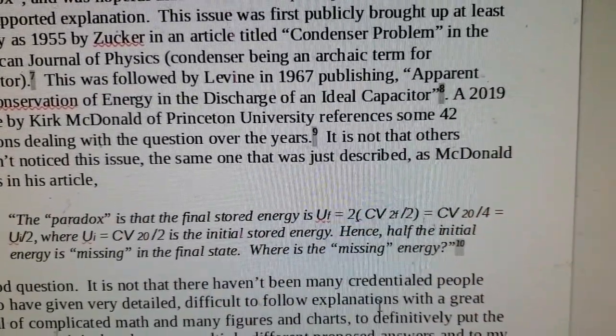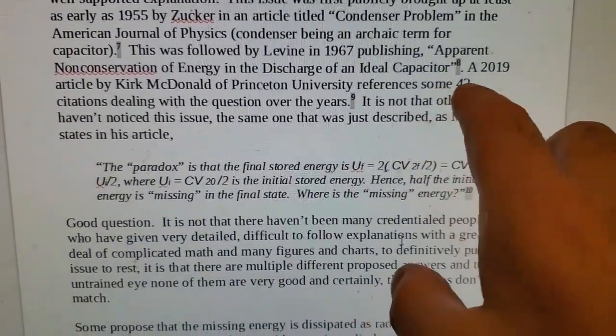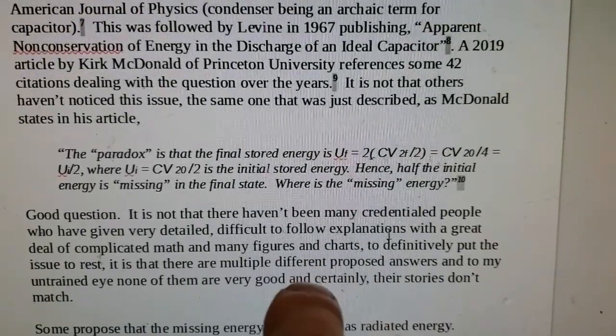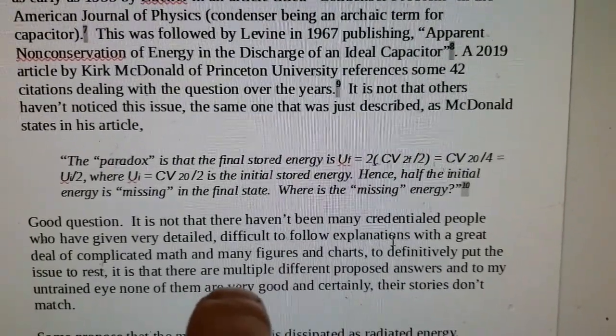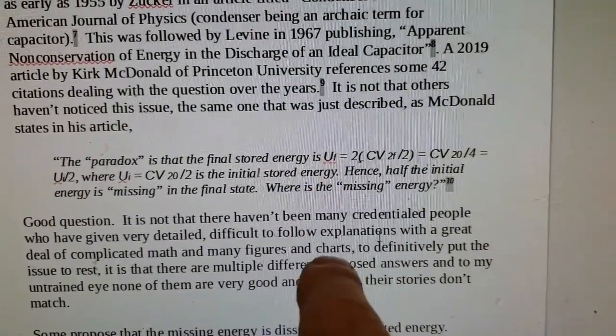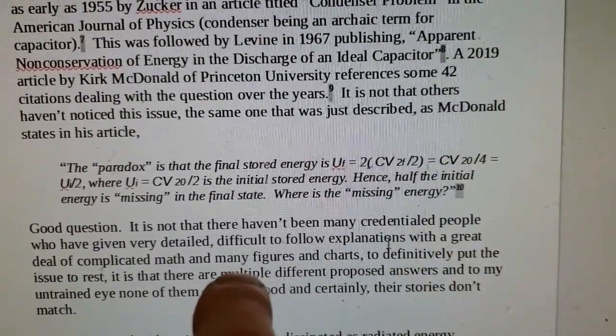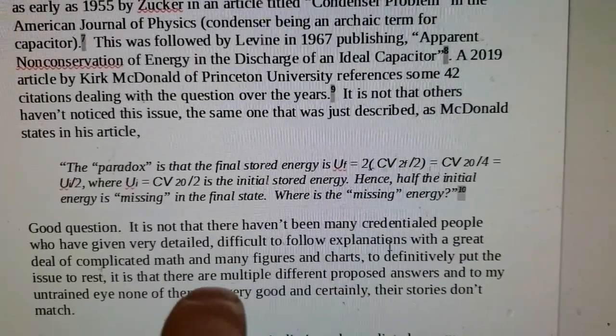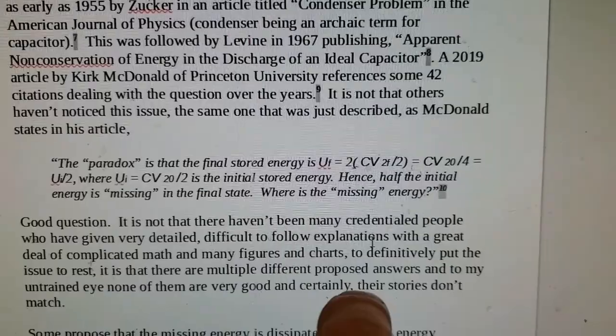Darn good question. I won't say I've gone through all 42 articles or citations there, but I have skimmed a number of them. And I would say there are many credentialed people giving very detailed, difficult to follow explanations with a great deal of complicated math and figures and charts.